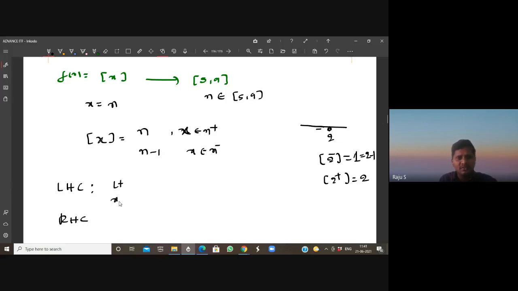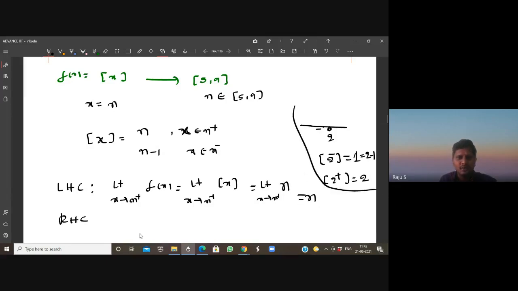RHC: limit as x tends to n plus of f of x, where f of x is the greatest integer of x. That is equal to limit as x tends to n plus of n, which is equal to n. This is RHC.